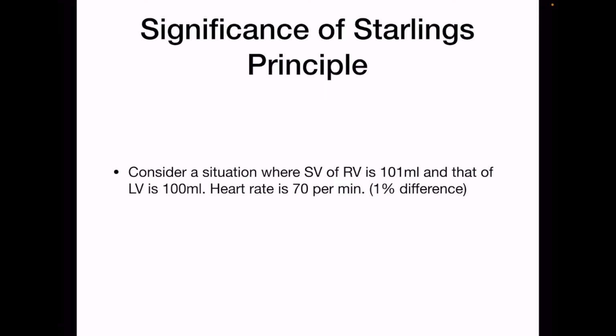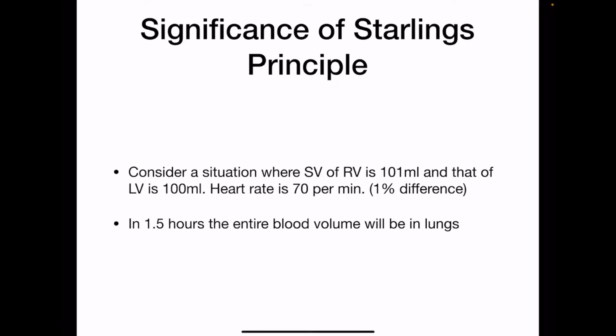If Starling's principle is not followed, then even with a 1 ml difference between the right ventricular output and the left ventricular output, with a heart rate of 70 per minute, it will result in all the blood volume of the body coming into the lungs in the next 1.5 hours.